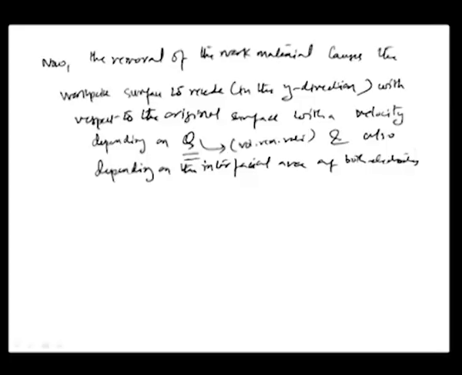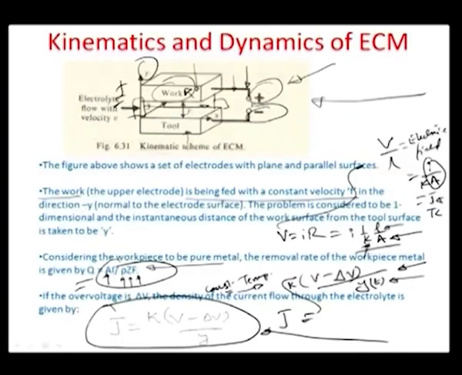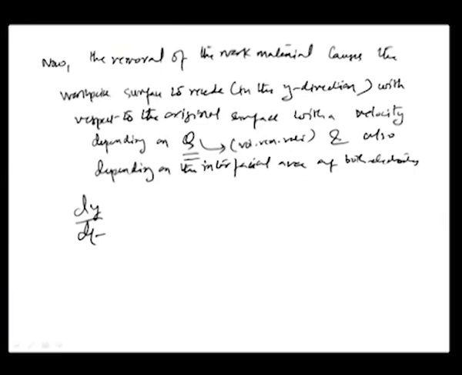So, we can easily say that dy by dt, where y, as you have already seen before, is the distance between the workpiece and the tool as a function of time, becomes equal to the dissolution, which is AI by rho ZF per unit area.